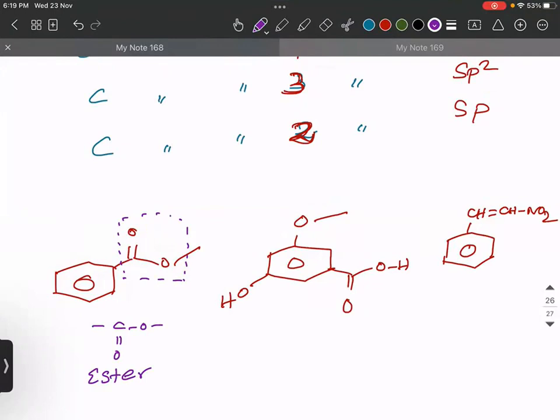So tell me here, what are the functional groups? This carbon, this one: alcohol 1, ether 2.